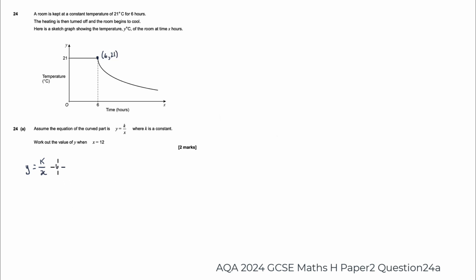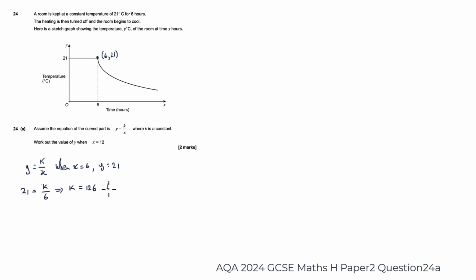So we know that when x equals 6, y equals 21. So 21 will be k over 6. Multiply both sides by 6 and we'll get 21 times 6 being equal to k. Now 21 times 6 is 126.